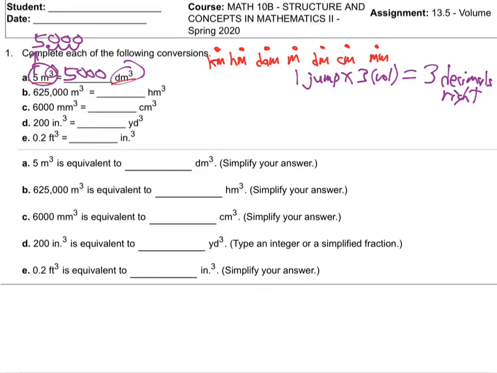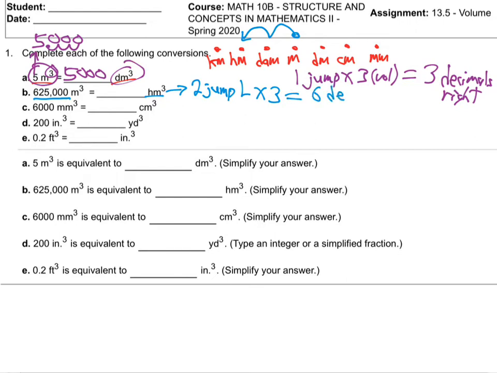Okay, let's try the next one. 625,000 cubic meters to cubic hectometers. So if you start out in meters, go to hectometers, it's 2 jumps to the left. So 2 jumps left times 3. We got to multiply by 3 because we're talking cubic units here.